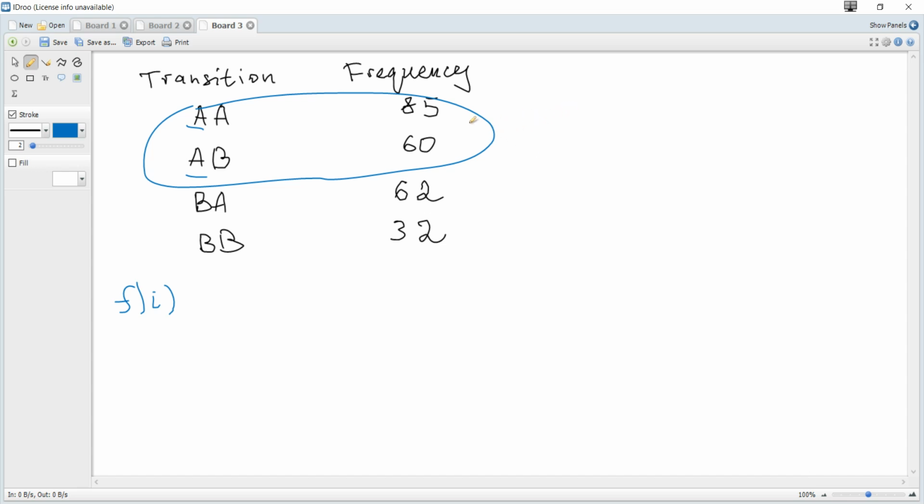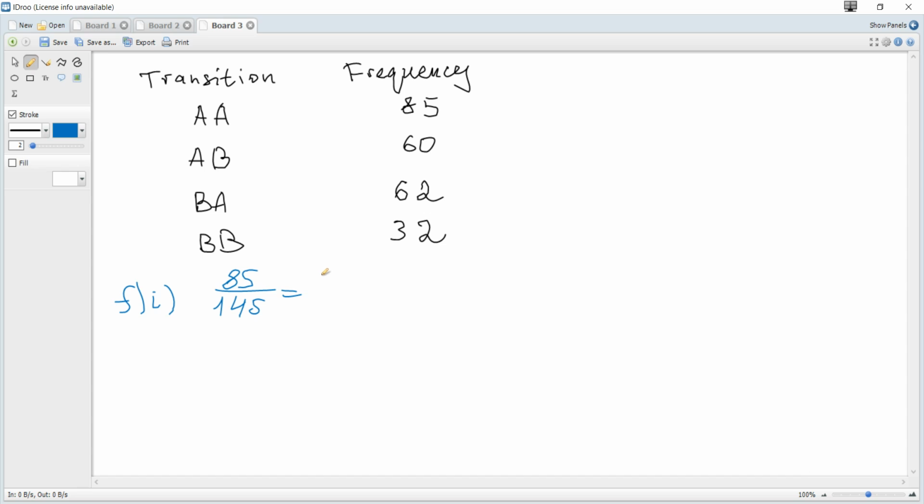And you can see that to win, it's 85 out of 145, and we can divide by 5 to get 17/29 as required. And then write down the transition matrix T for Helen's model, 2 marks.